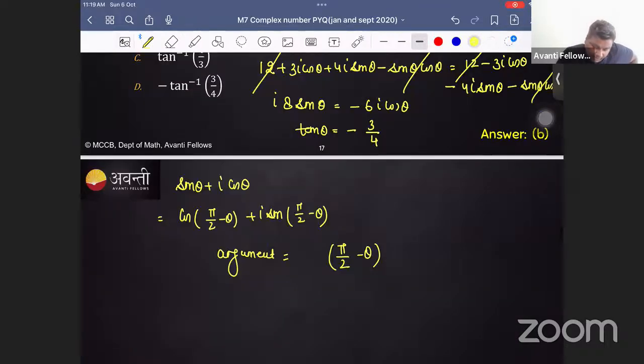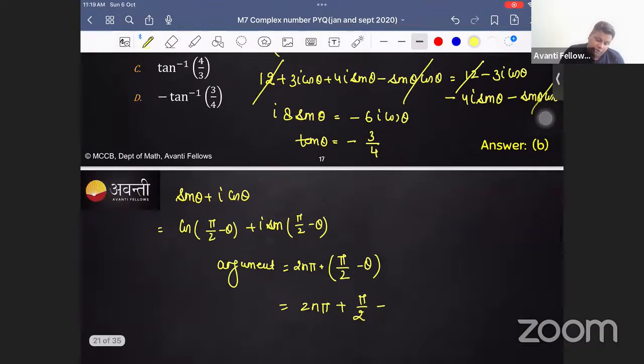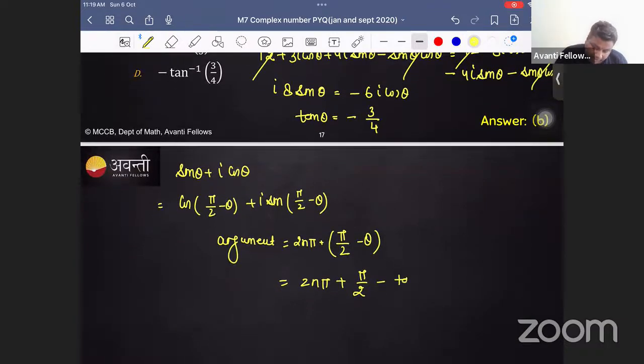Got it? And that is also 2nπ rotated, because argument is repeating after every interval of 2nπ. So it is 2nπ + π/2 − θ. Now your θ is tan inverse of minus 3 by 4.